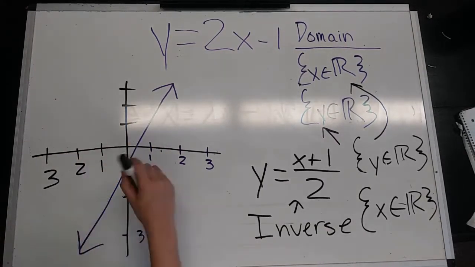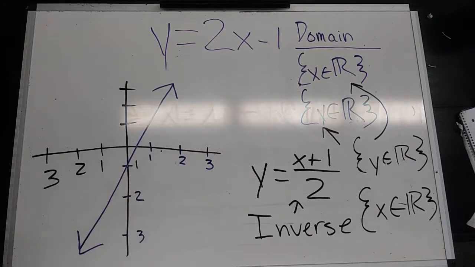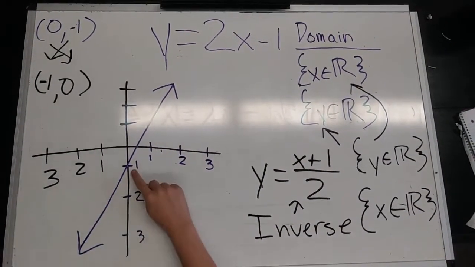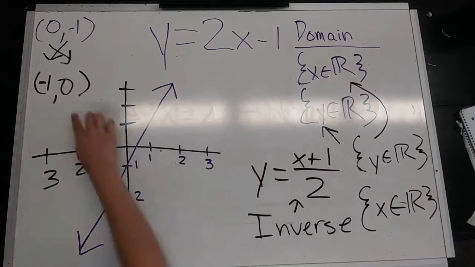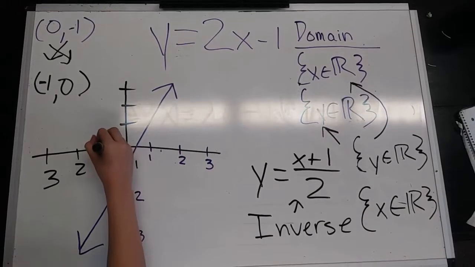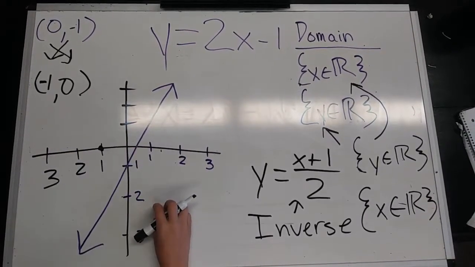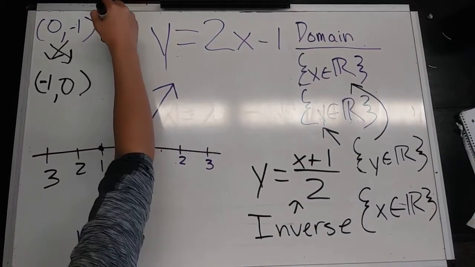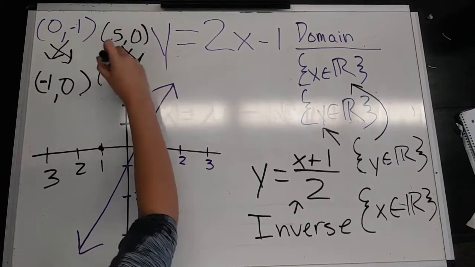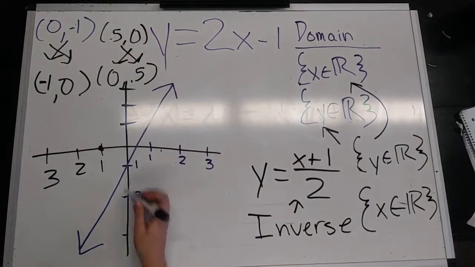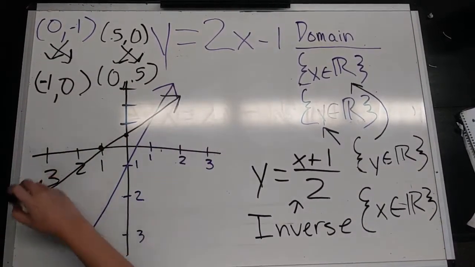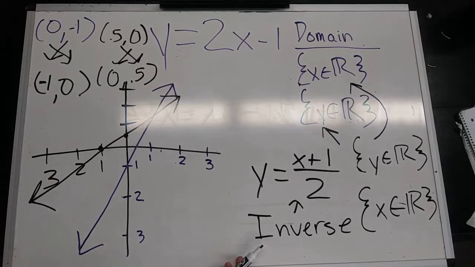The first would be finding a point of the original graph and switching the x and y points, since that's simply what we did with the equation, which would give us the inverse point. We can continue doing this to find our second point on the graph, and then simply plot the line. This is the graph of the original equation and the inverse.